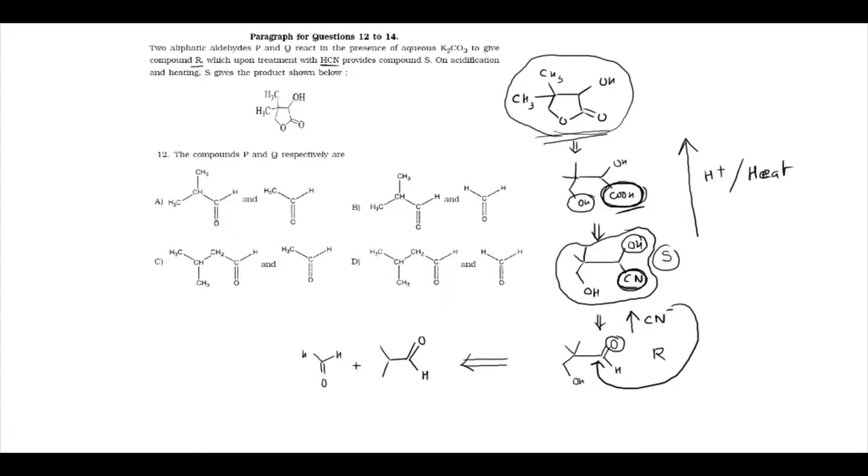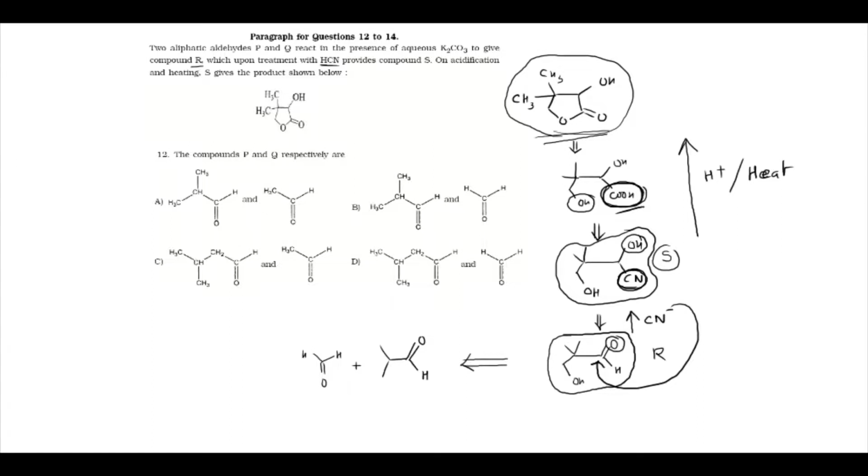And now we have the structure of R like this, and from the question we can see that R is formed due to the reaction between P and Q, which are aldehydes in presence of a base. So two aldehydes reacting in presence of a base, this happens in either aldol condensation reaction or Cannizzaro reaction. But as we are getting a single product R, it must be aldol condensation reaction, not Cannizzaro reaction.